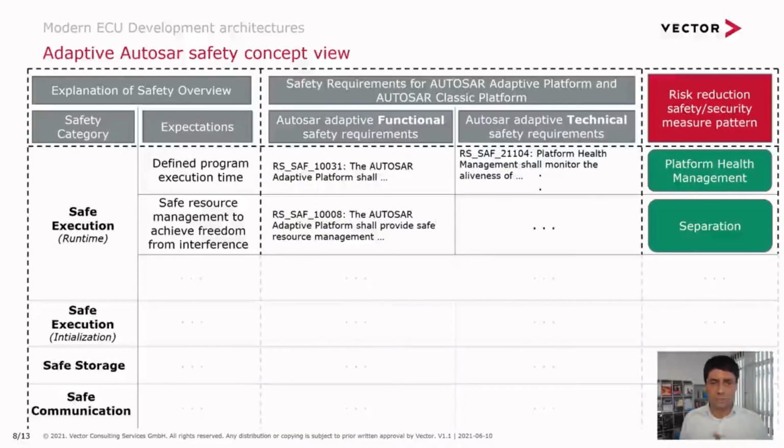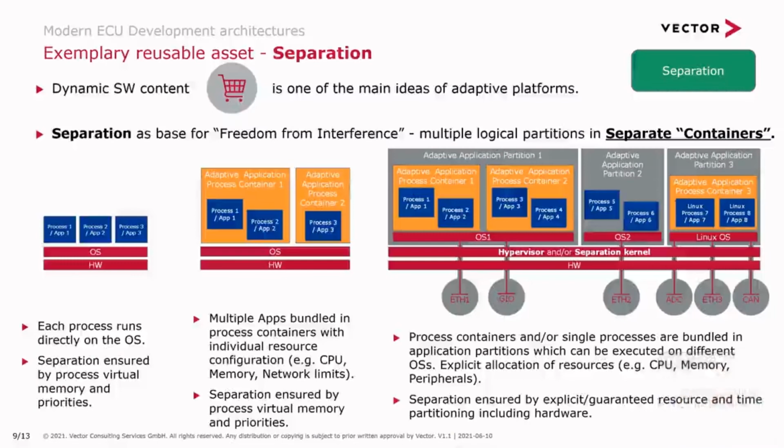So let's have a more detailed look at both of those patterns, starting with separation. We mentioned previously, maybe you recall, that dynamic software content is one of the main characteristics of Adaptive Autosar.